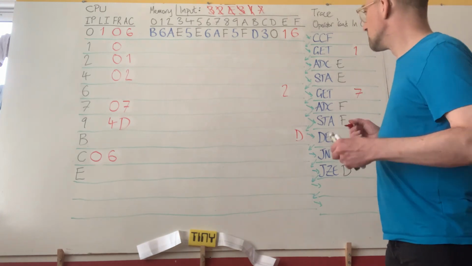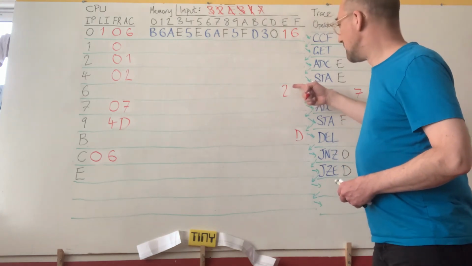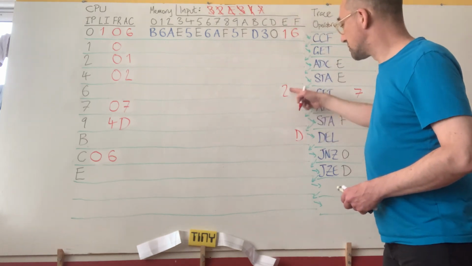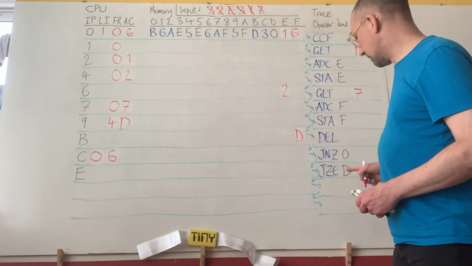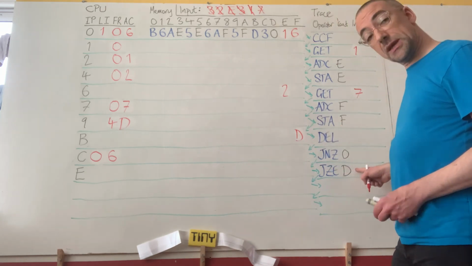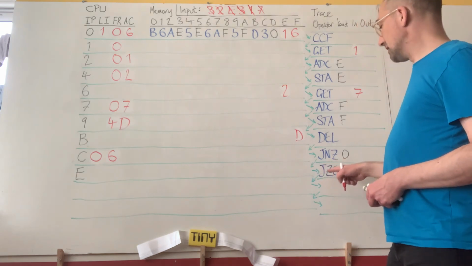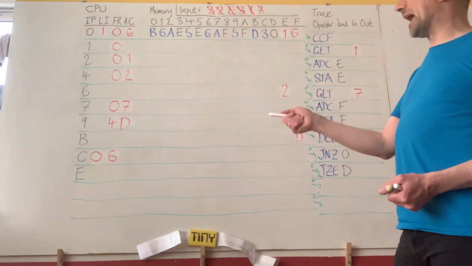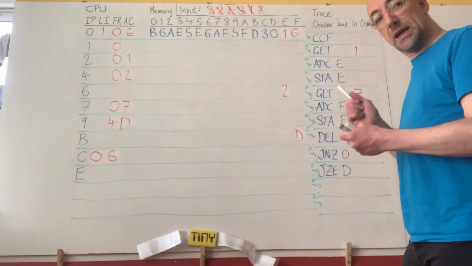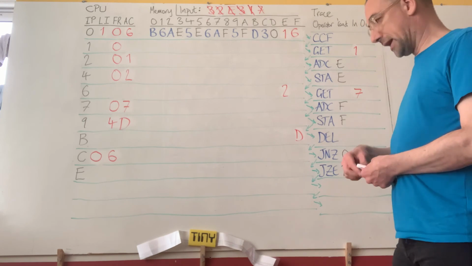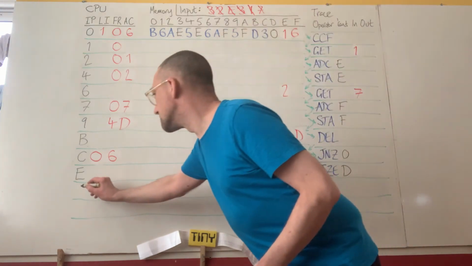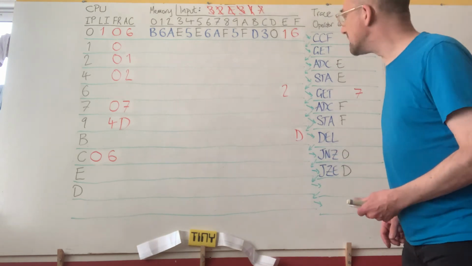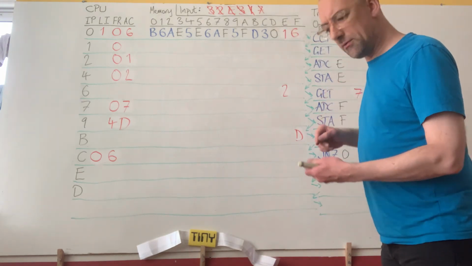At which point we run slap bang into the values that are stored as our running total, 2 and D. And as I've given the game away, that's actually an instruction, jump if 0 to location D. So the 0 flag is set, and what happens is that we end up in location D. Instruction pointer is at D, and what's at location D? 0.